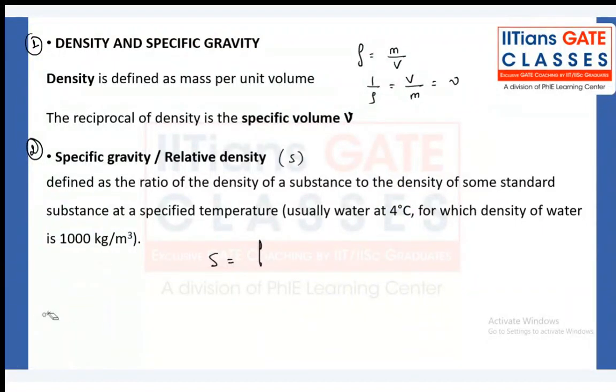It is the ratio of density of fluid to the density of standard fluid. Density of any fluid to the density of standard fluid.